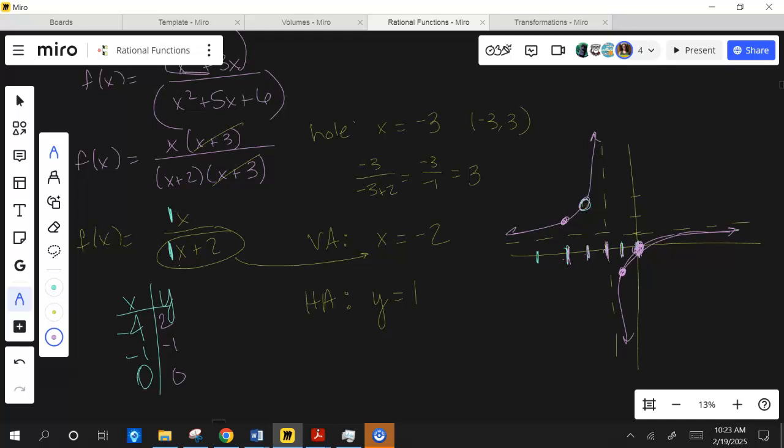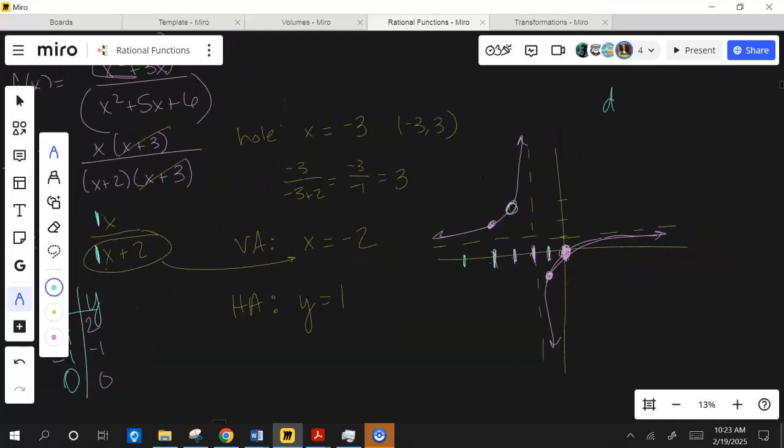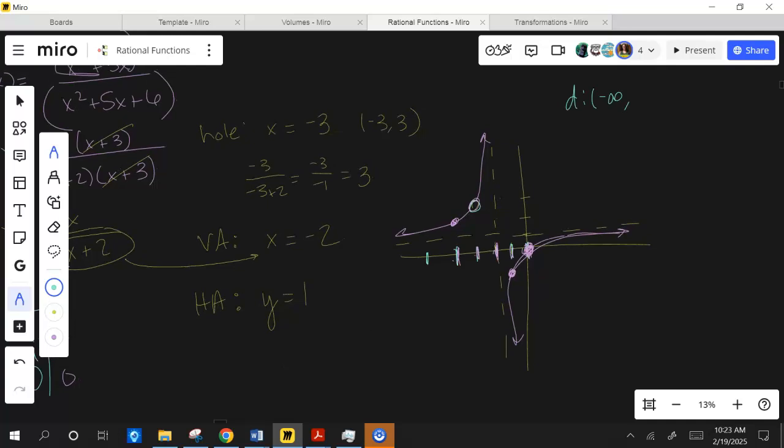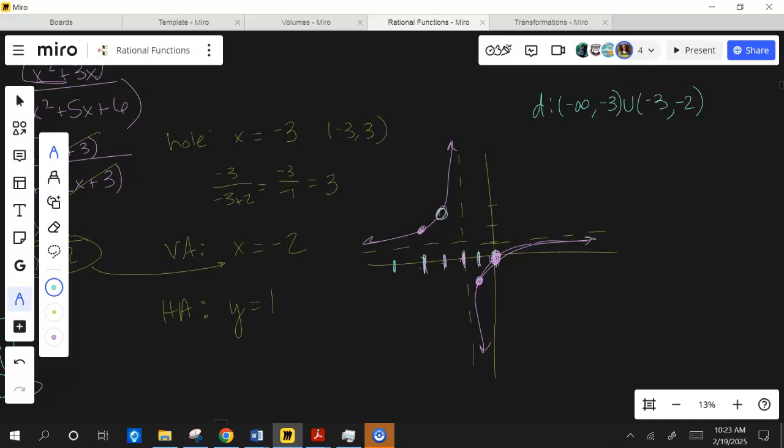All right. What is my domain? -3, because I got to leave the hole out, right? Remember, holes and asymptotes. And then I have to pick up from -3 and leave out that asymptote at -2. Did you get it?